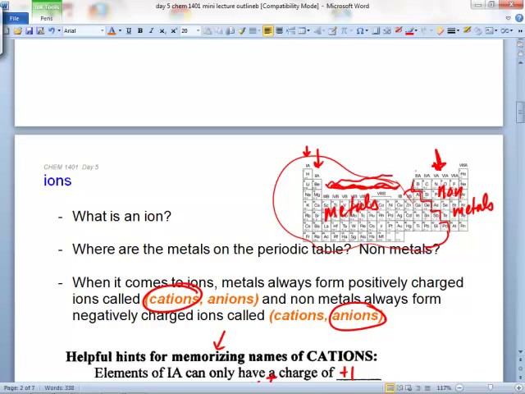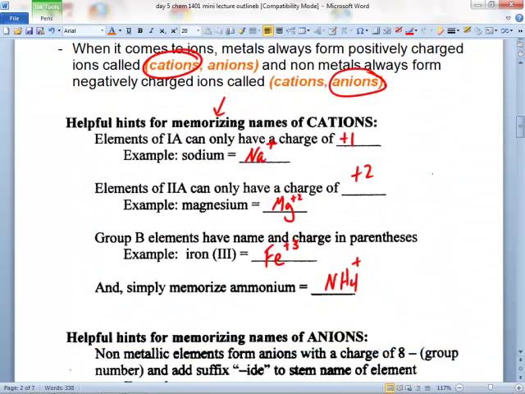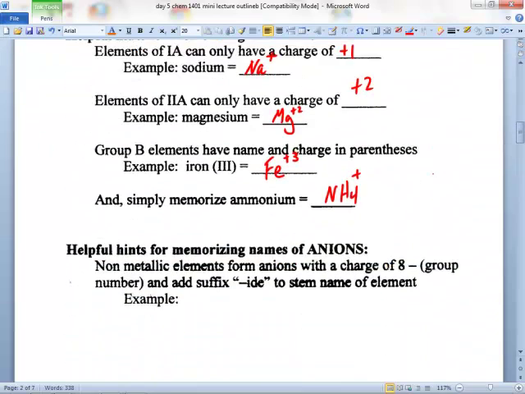It's just these guys. And remember, the nobles don't do anything really, so we're not worried about them. There are not too many to worry about. If you just remember 8 minus the group number, that's how we get the charge. And then we add an IDE.